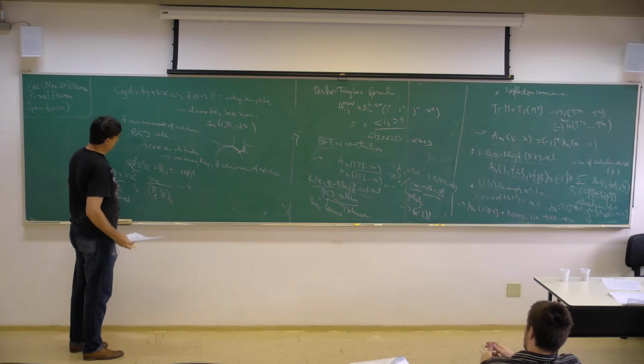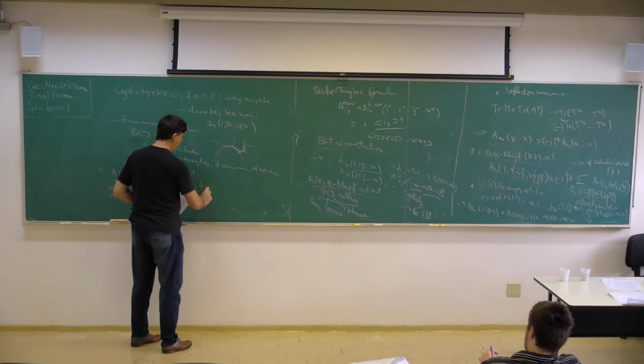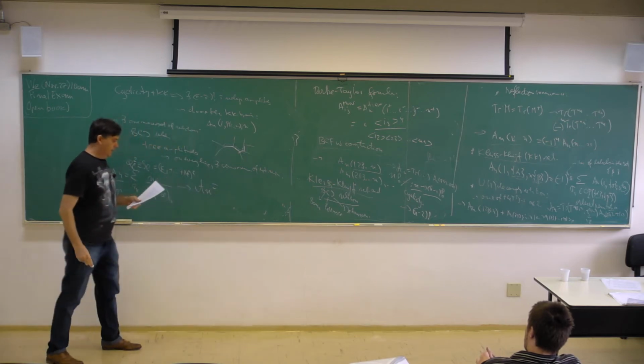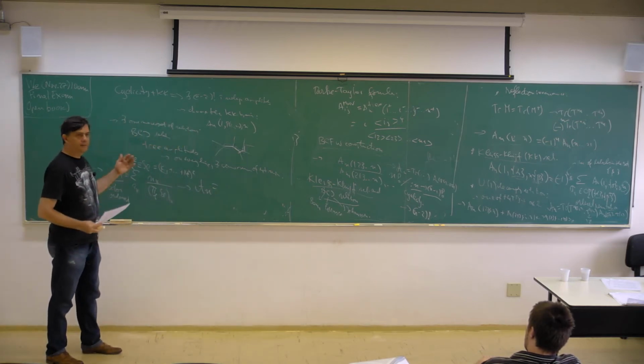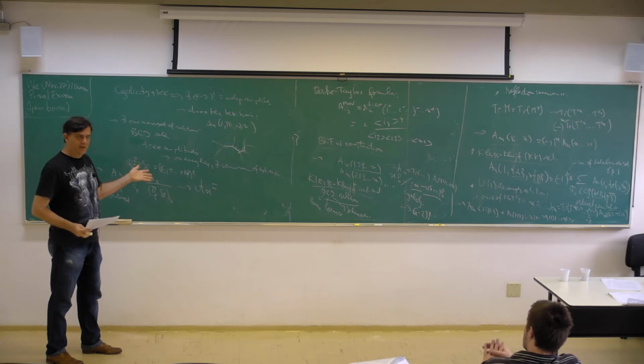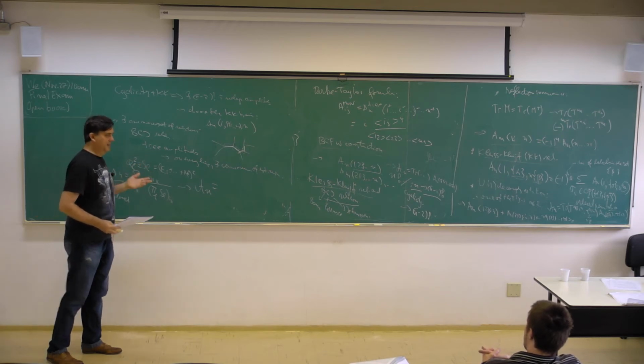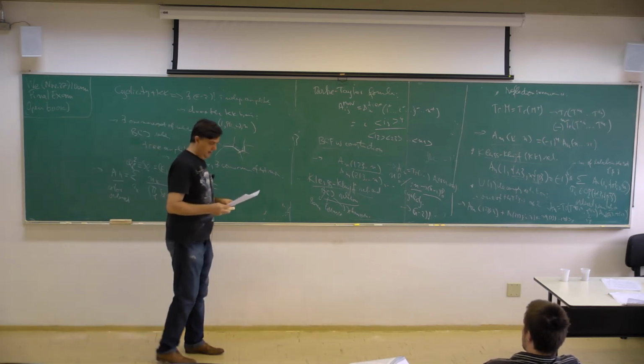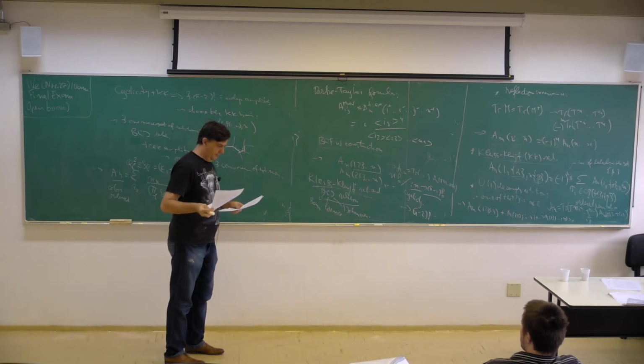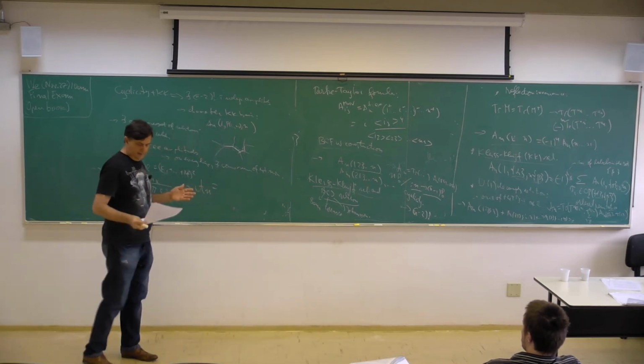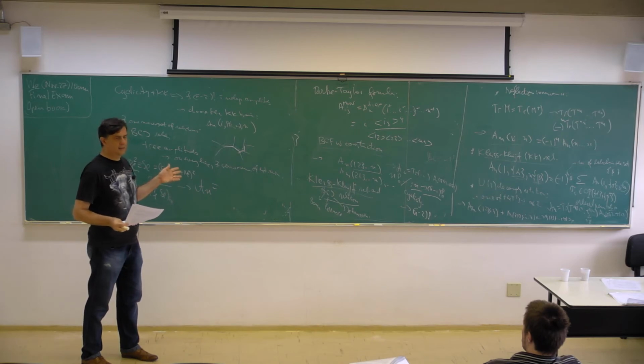Okay? And from it, we write the full amplitude by multiplying with the traces of generators. But remember that I said the traces of the generators could be rewritten in terms of Fs, right?